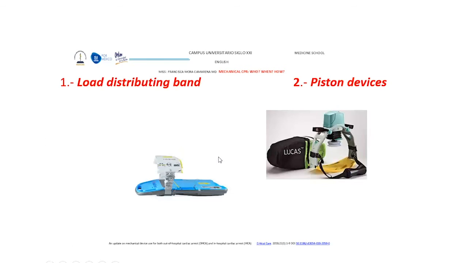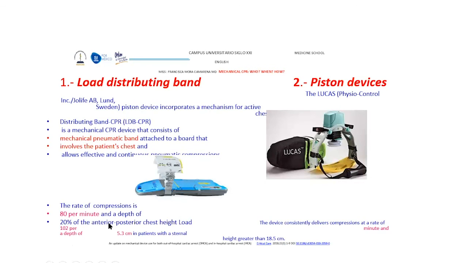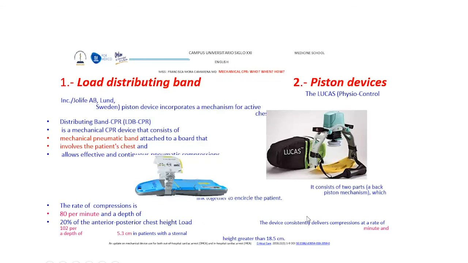And as we remember, the load distributing band is offering compressions at 80 per minute and a depth of 20% because it goes around the chest of the patient. And on the other hand, the Lucas piston devices will deliver compressions at a rate of 102.